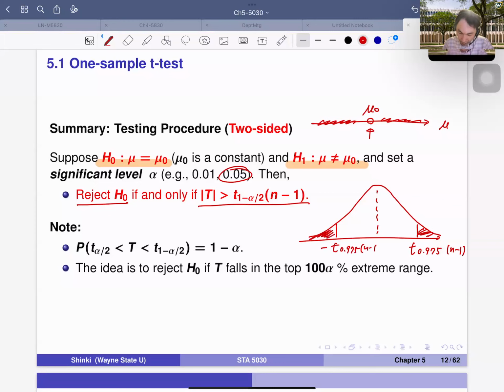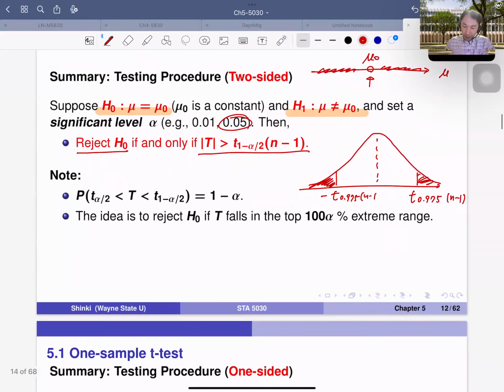If the T statistic falls outside this range, we reject H naught. The center coverage is 1 minus alpha, so basically it covers 95% of the cases. So we reject H naught if T falls in the 5% extreme range.